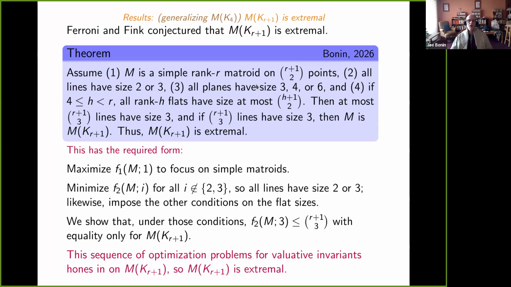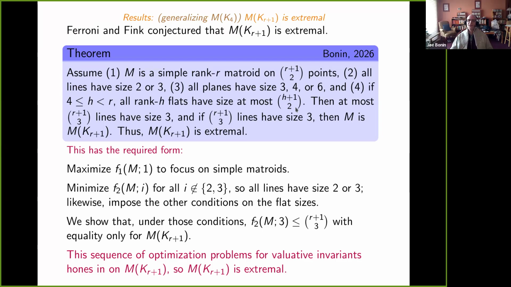That's easy. We're assuming that all lines have size 2 or 3, that all planes have size 3, 4, or 6. And for larger ranks, rank h flats have at most h plus 1 choose 2 elements. Of course, h plus 1 choose 2 is for a smaller complete graph on h plus 1 vertices.